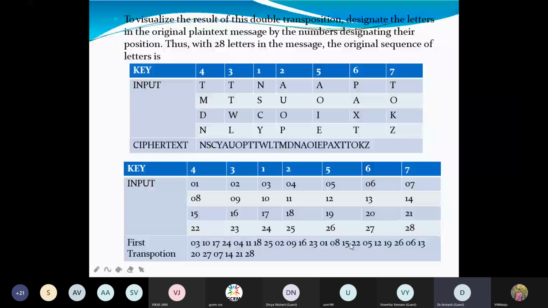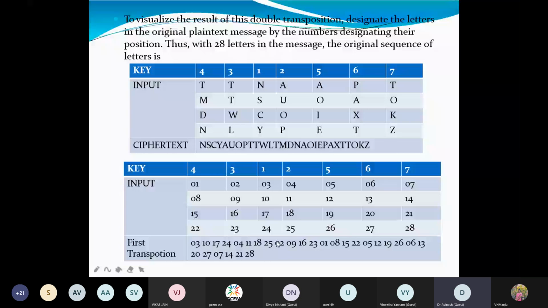After that 5 is 05, 12, 19, 26. And after that, the sixth one is 06, 13, 20, 27. Then 07, 14, 21, and 28. So here we see that this is the key in which numbers are used.